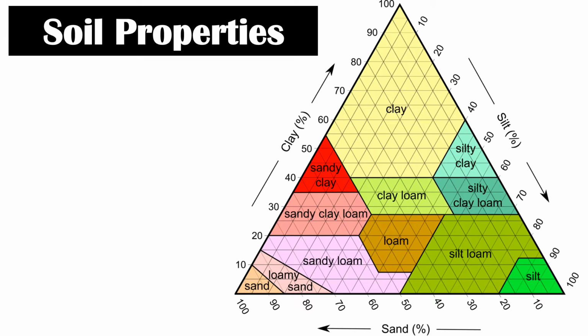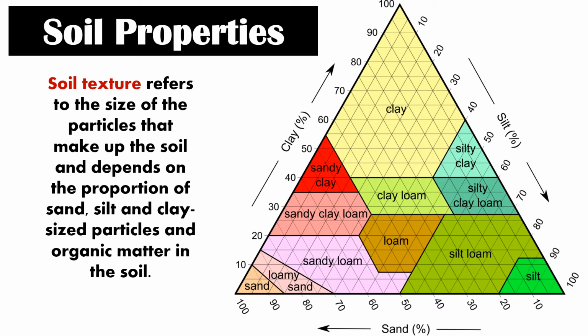The properties of soil determine whether it is capable to support vegetation. Humans use this property to identify if the soil is good for farming or kaya naman gamitin yung soil sa ibang other functions. So the first property of soil is texture.